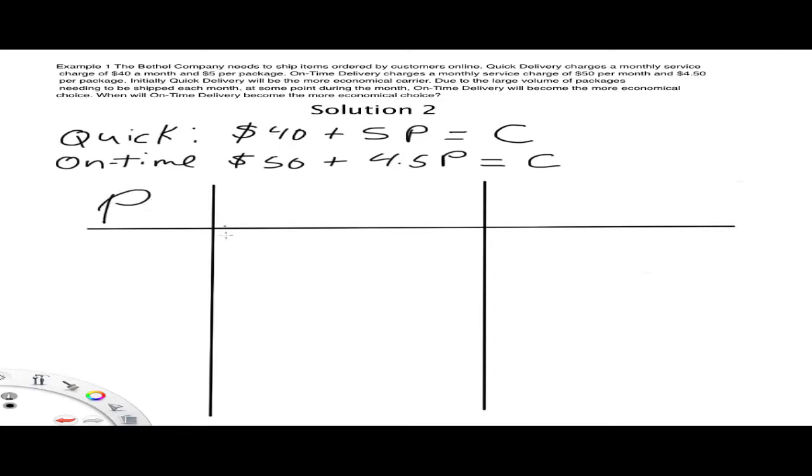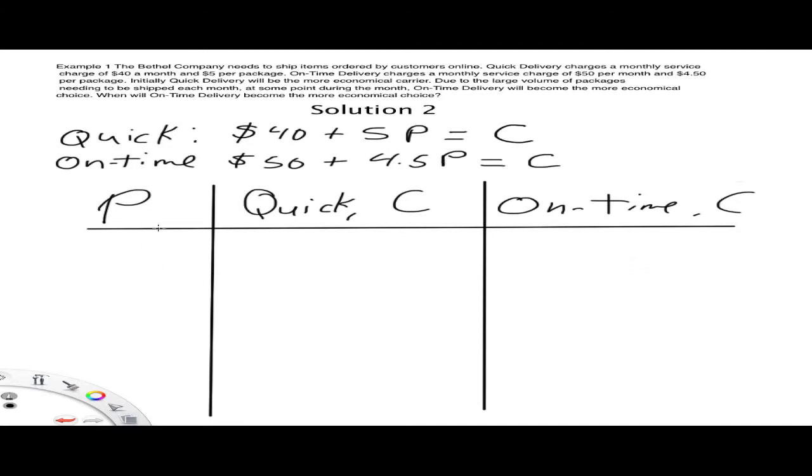So that's P. This will be Quick's cost. This will be On Time's cost, because that's what this is telling me here. I got $40 plus 5 times the number of packages is equal to the cost for Quick, and then 50 plus 4.5 times each package is the cost for On Time, and I'll fill that in.